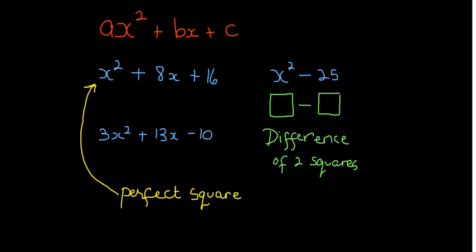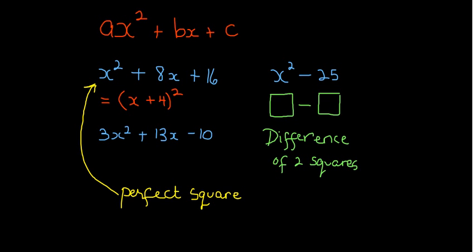So the perfect square, when we factorize this completely, what we'd actually get is something that looks like this: x plus 4 squared. When we talk about a perfect square, we're talking about a repeated binomial factor, and that's why we could write it like this.